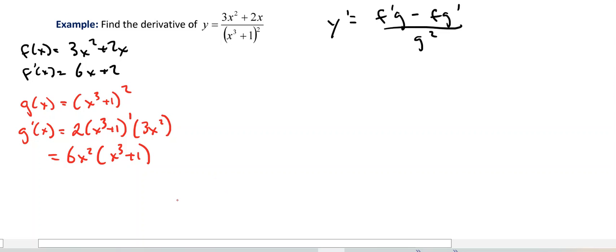And we could even multiply these two together because this is raised to the 1st power. And so we would have 6x to the 5th plus 6x squared. That's my g prime.